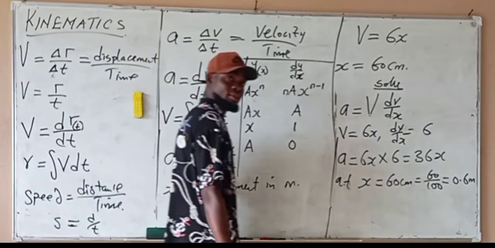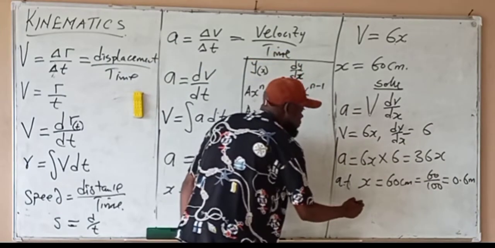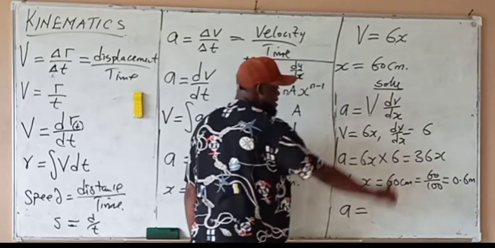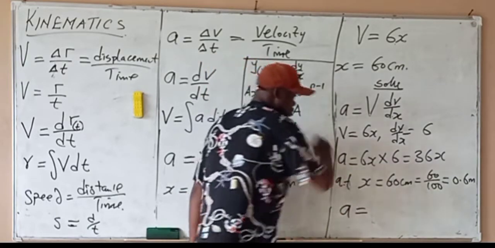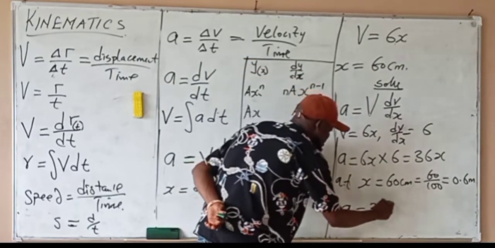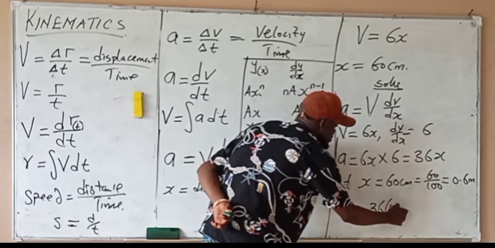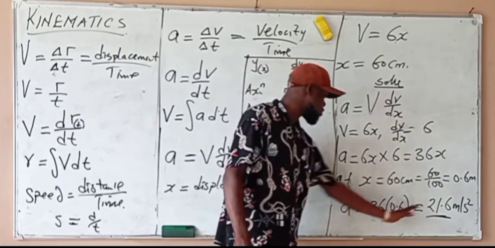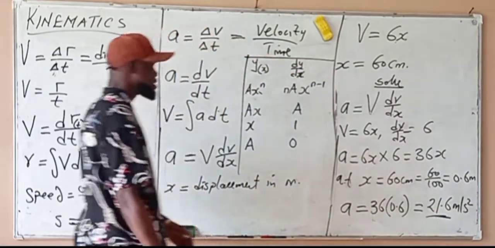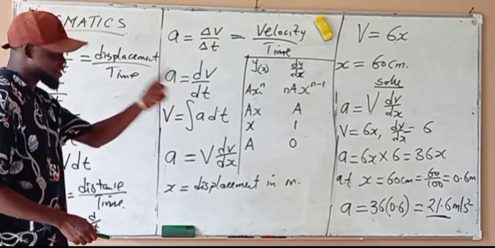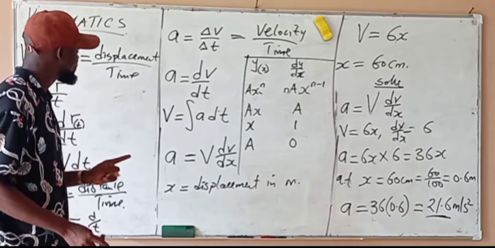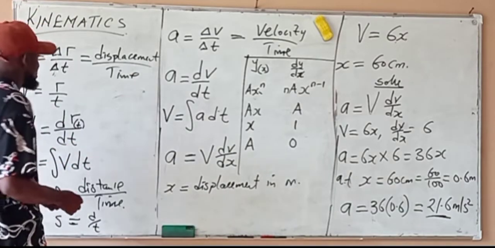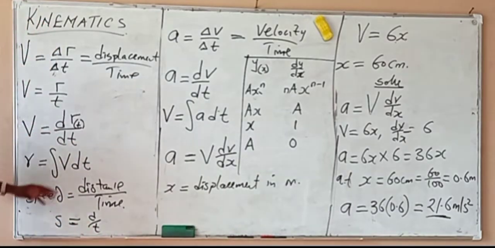So our acceleration at s equal to 60 cm or 0.6 meters will become 36 times 0.6. The calculator is going to give you 21.6 meters per second squared. The unit of acceleration is meters per second squared. Velocity is in meters per second, and then we divide by the seconds. So please take note of all these definitions before I wipe the board.